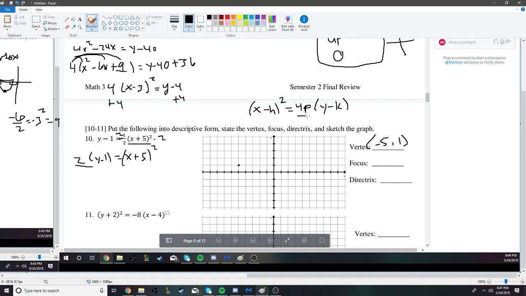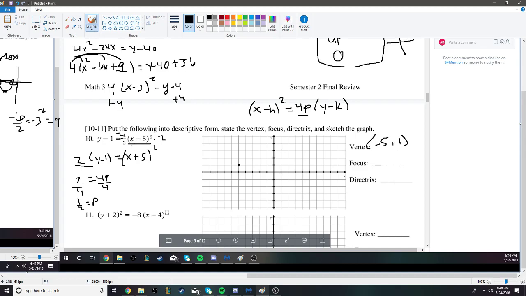So whatever's here outside the y thing, that is our 4p. So we get 2 is equal to 4p. Divide both sides by 4 to get 1/2 equals p.